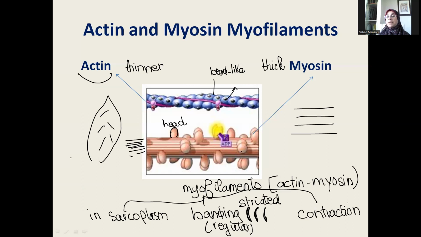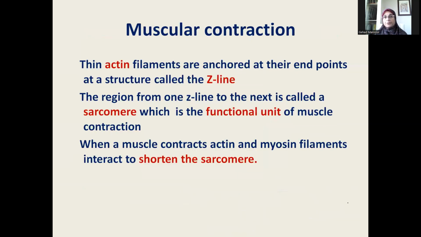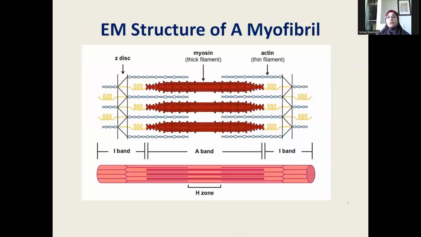We will be seeing that they shorten the muscle through sliding of actin filaments over myosin filaments. So let's check the electron microscopic structure of a myofibril, one of the myofibrils that are embedded in the sarcoplasm of a myofiber.